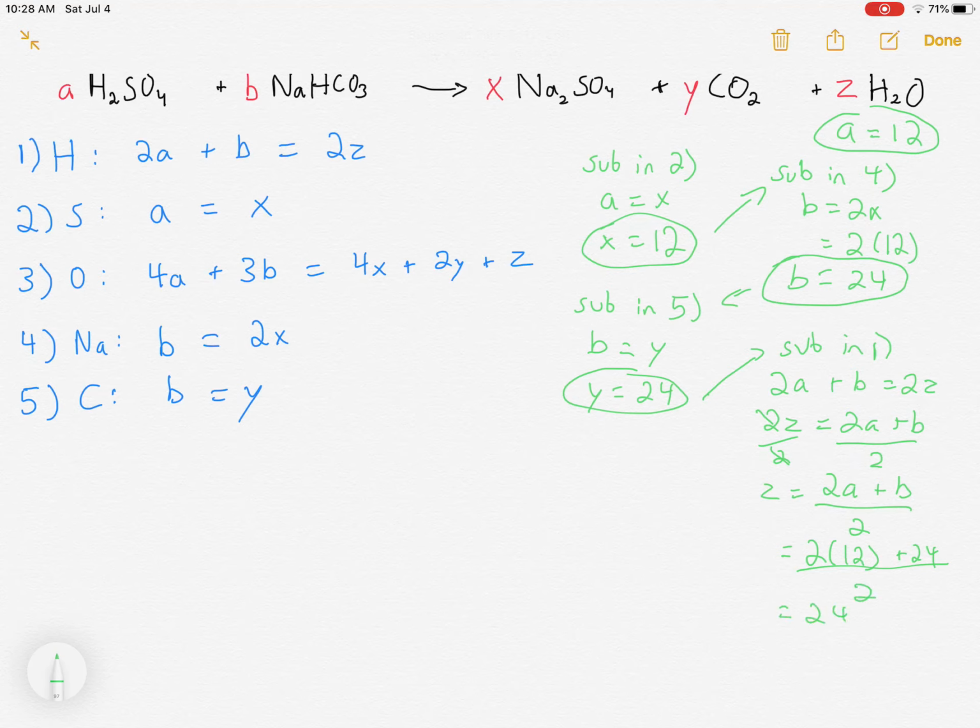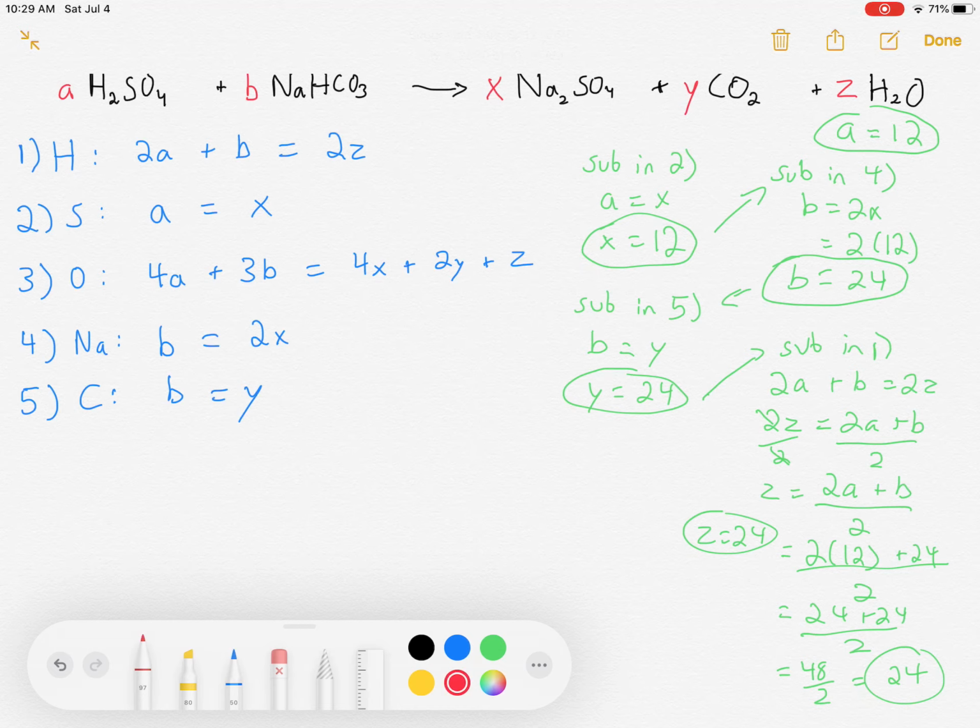So we get 24 plus 24 over 2, or 48 divided by 2, which equals 24. So we know that z equals 24. So now we've solved for all of our different coefficients. We have all the coefficients done.